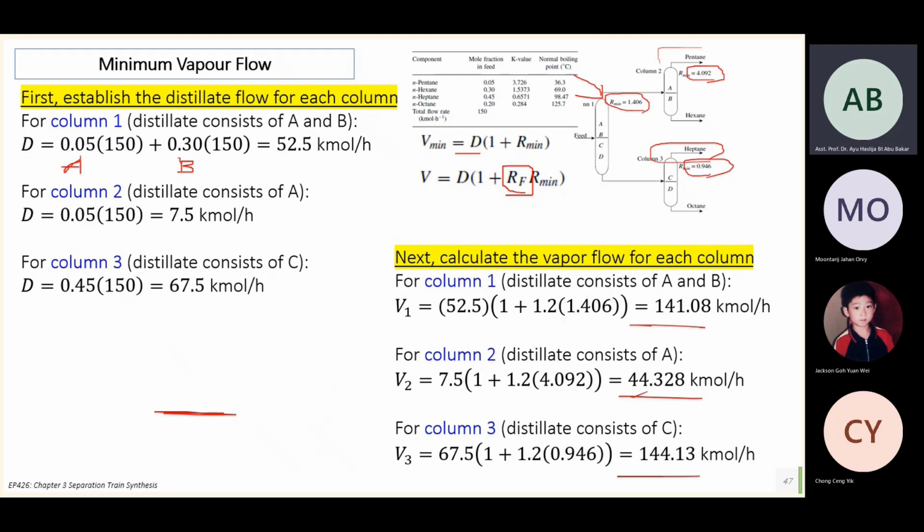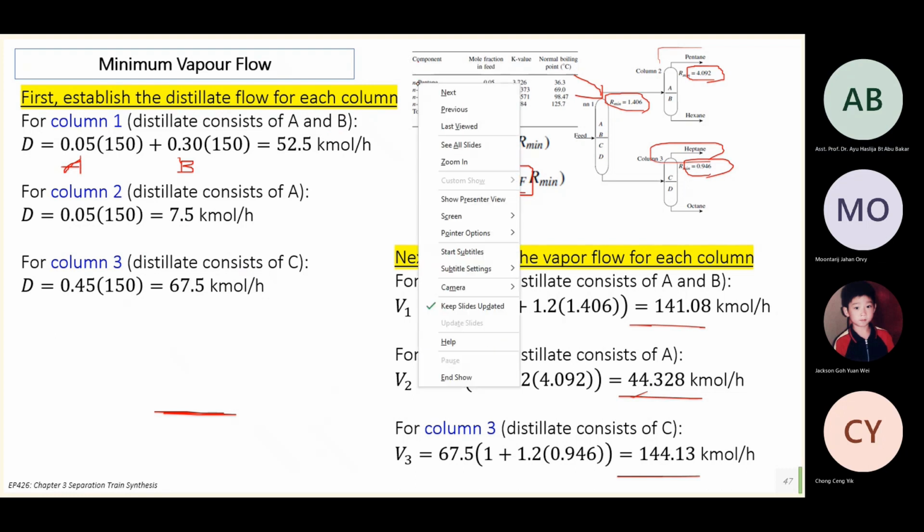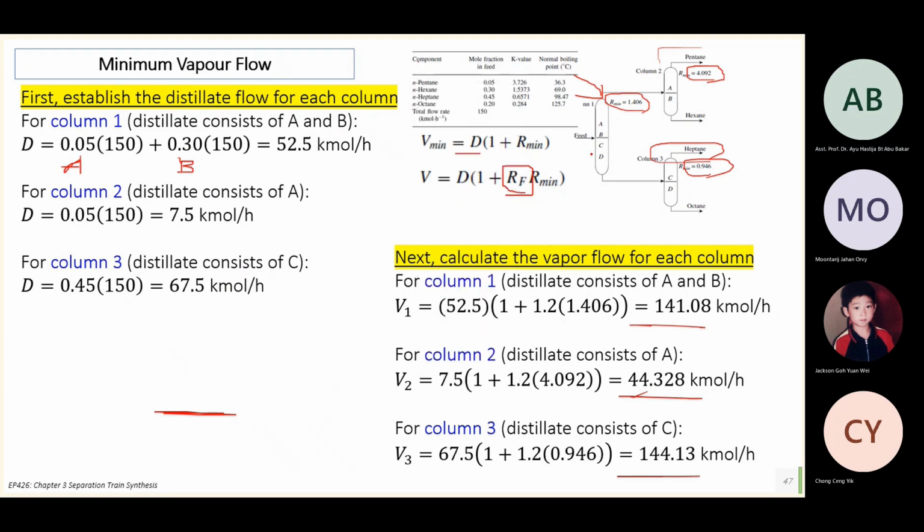First step, we need to calculate the distillate flow for each column. Distillate flow for each column. We have 3 columns over here. 1, 2, 3.